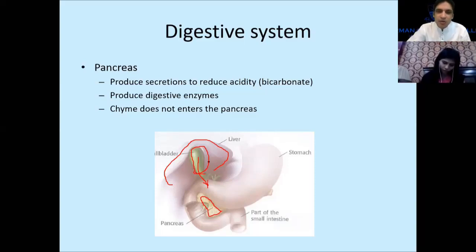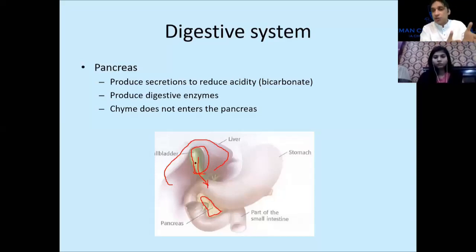In that case, whatever bile is produced by the liver will be poured directly into the intestine. The good thing is that if you have a gallbladder, the liver can produce bile bit by bit, and it can be stored in that chamber until it is required during the process of digestion.